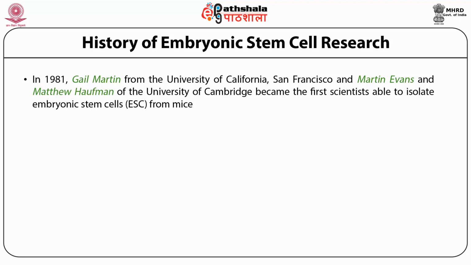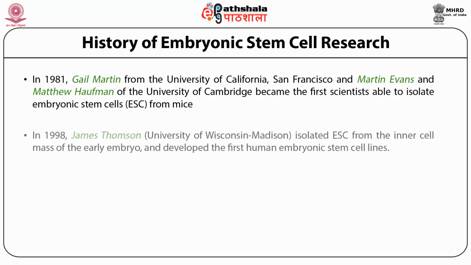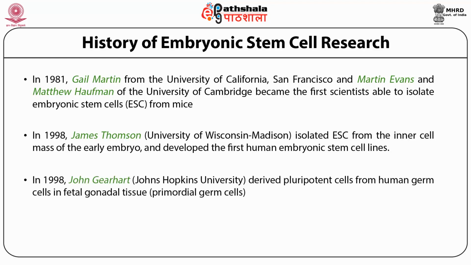After 17 years, human embryonic stem cell lines were developed by James Thomson, and in the same year, another pluripotent source of these cells was identified from the fetal gonadal tissues.